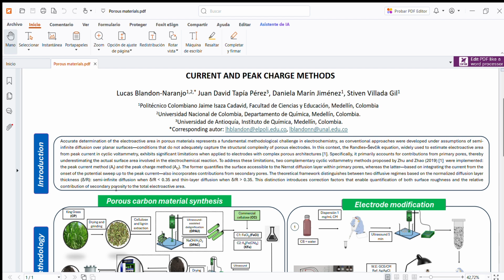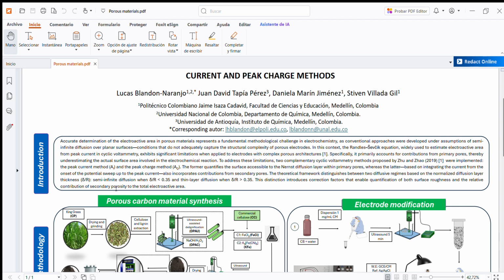Well, the motivation of this paper is based on the idea that typically, when we make calculations for the determination of electroactive area, we use theoretical models that assume that the way in which the electroactive species move onto the surface of the electrode is based on linear semi-infinite diffusion.